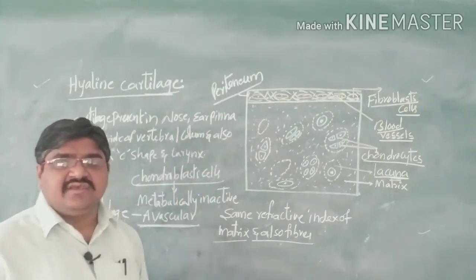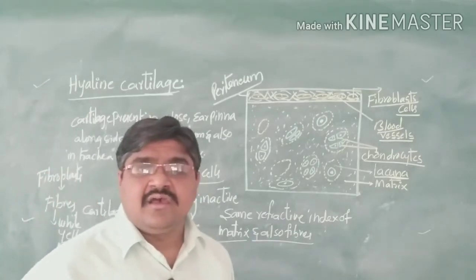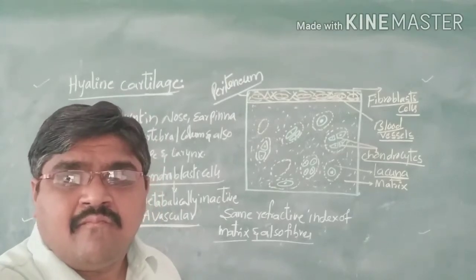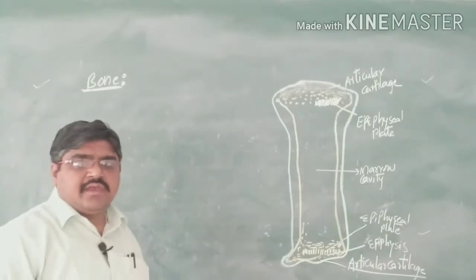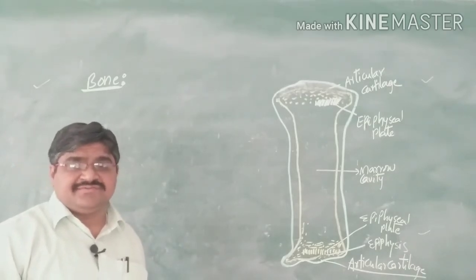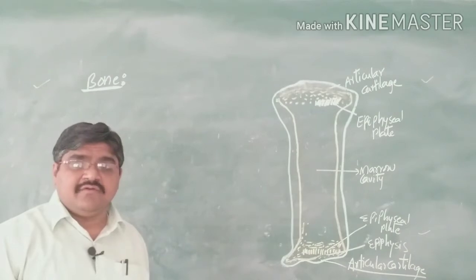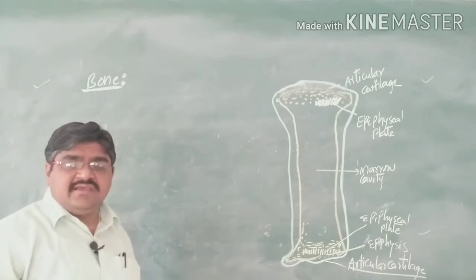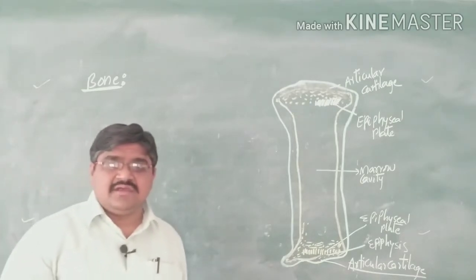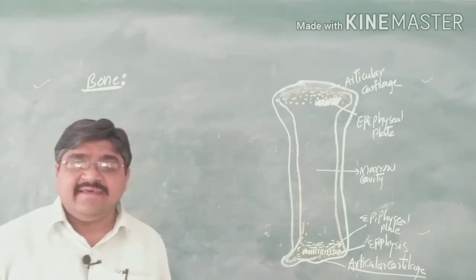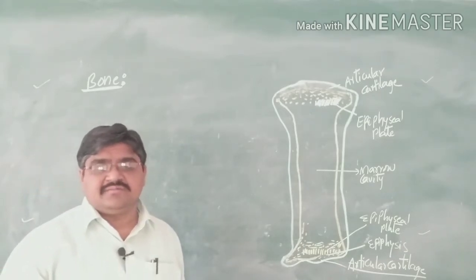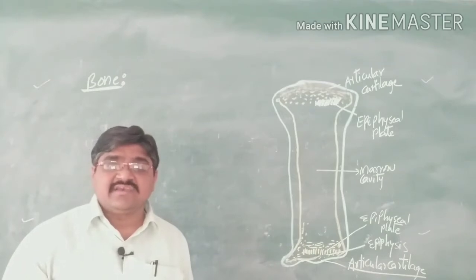Next, coming to the second one, that is bone. Bone is the hardest part present in the body of vertebrates. Cartilage is harder than... no, bone is the hardest part present in the vertebrate body. It forms the endoskeleton.